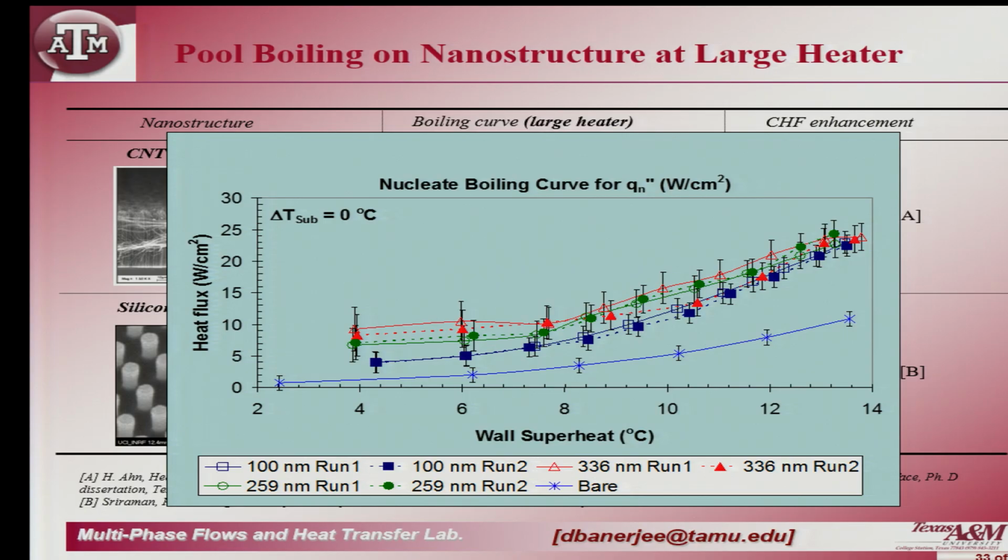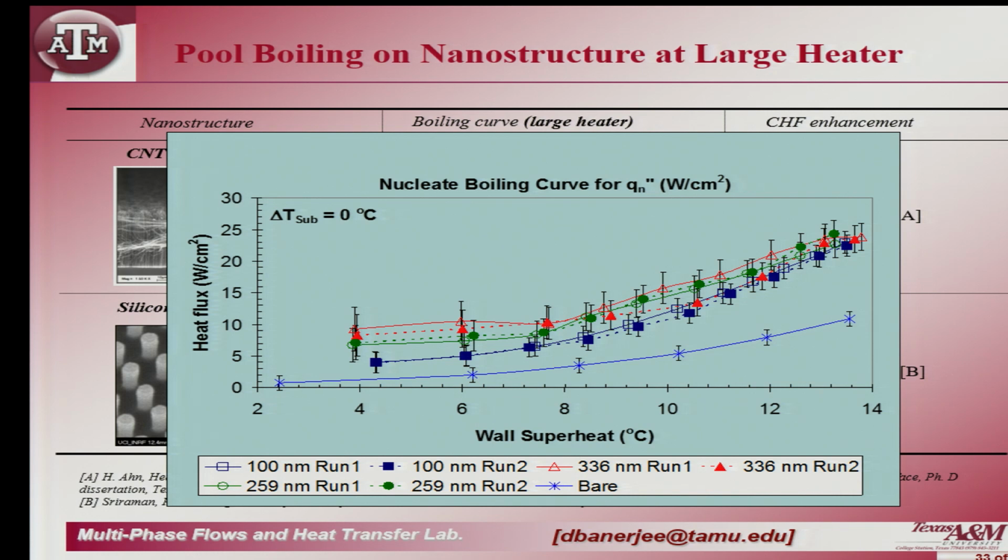So, what we found was, as we plot the heat flux as a function of wall superheat, this is without coating, without the nanofins. This is with the nanofins. The onset of nucleate boiling happens at around 4 degrees Celsius, as we expect, right. Do we really expect the onset of nucleate boiling to be at 4 degrees? What did we say?